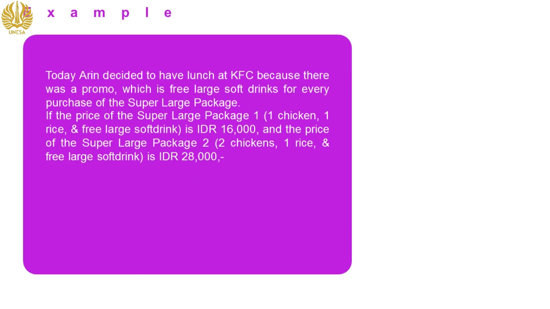Okay, here is the condition. Today, Arin decided to have lunch at KFC because there was a promo, which is a free large soft drink for every purchase of the super large package. The price of super large package 1, which has 1 chicken, 1 rice, and a free large soft drink, is 60,000 rupiah, and the price of super large package 2, which contains 2 chickens, 1 rice, and a free large soft drink, is 28,000 rupiah.